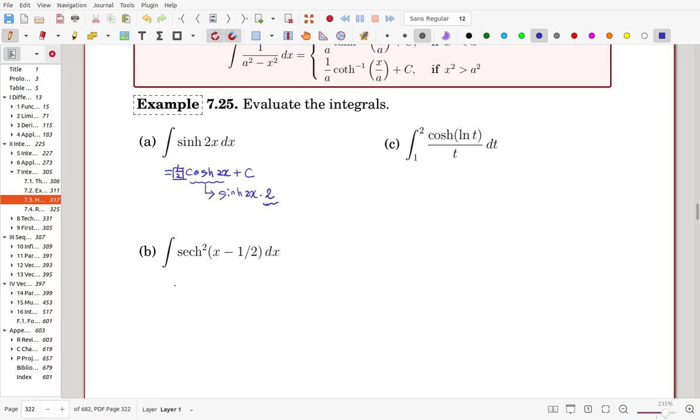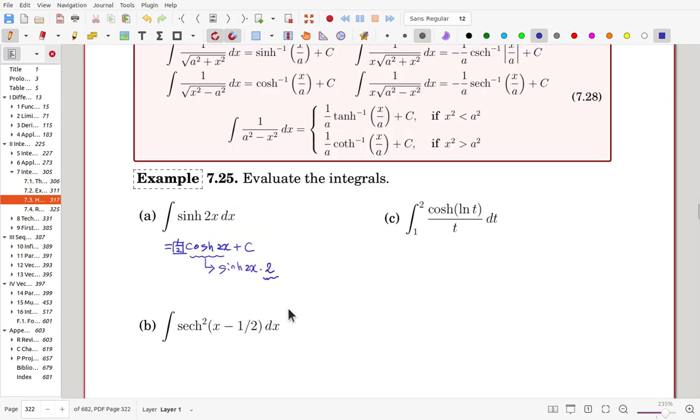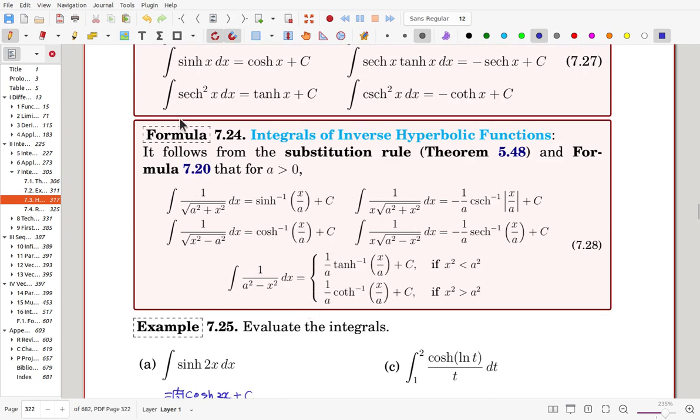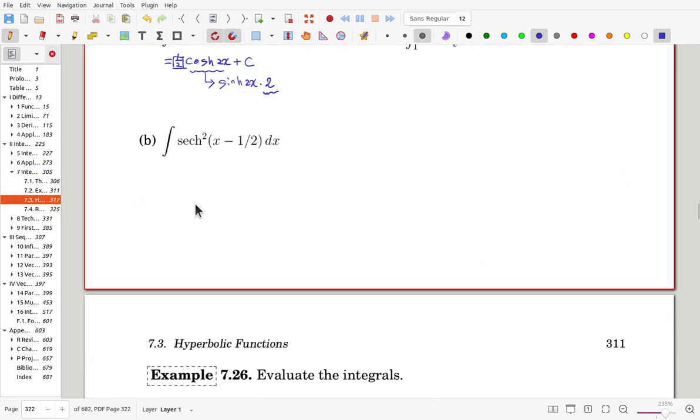Let's go to this one. In the formula, the integration of sec hyperbolic squared is the same as tangent hyperbolic of x. So here there is some coefficient. Let's put tangent hyperbolic of x minus 1/2, plus c.